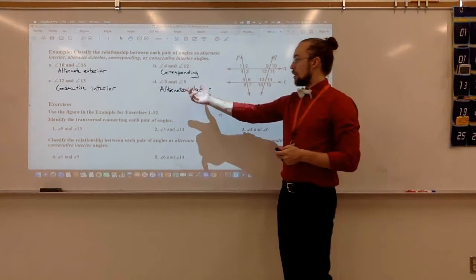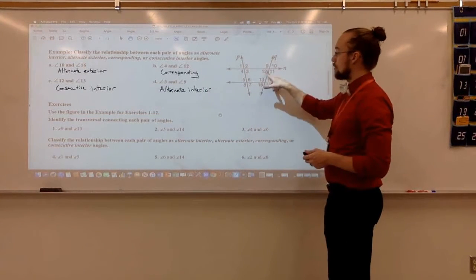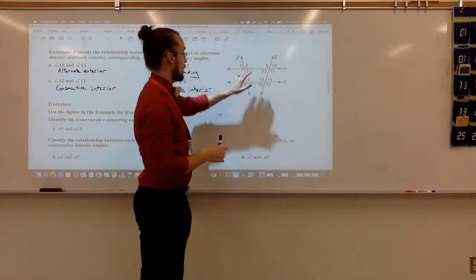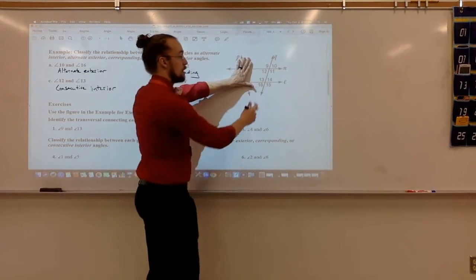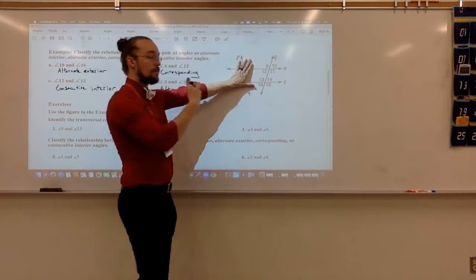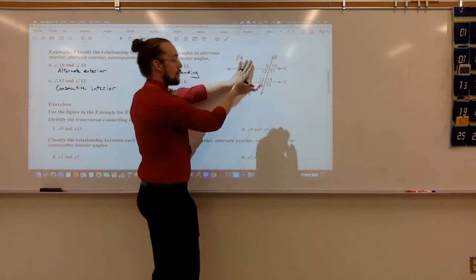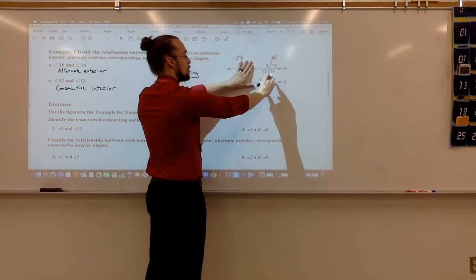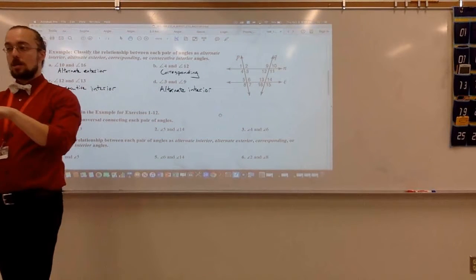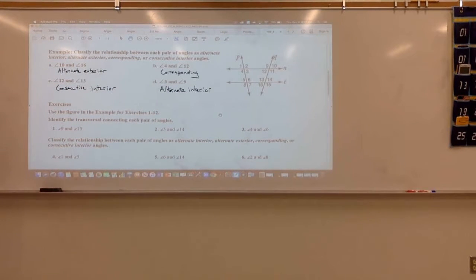For C, if I'm looking at 12 and 13, they're both over here on line Q, so I can ignore line P. Then I just look to see they're both on the same side of the transversal, and on the inside of the two other lines. So same side, inside, it's consecutive interior.